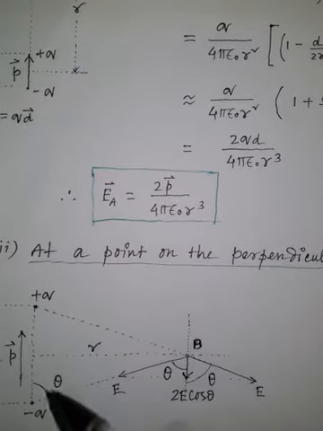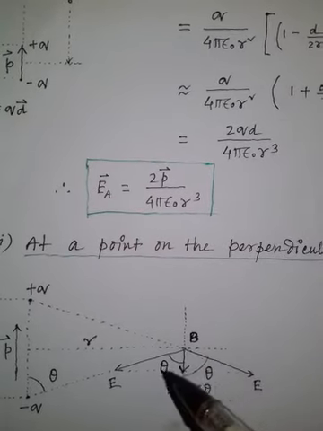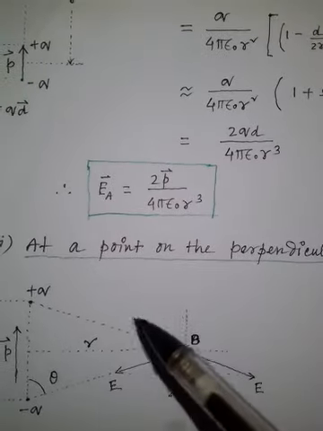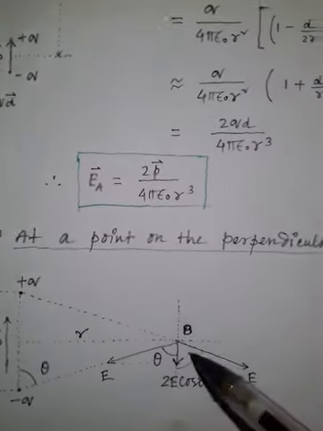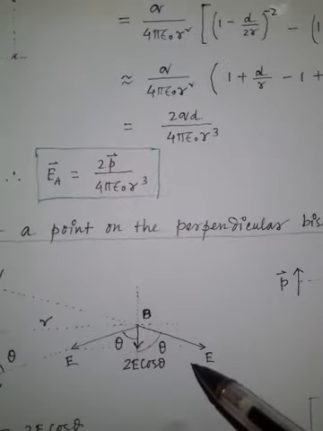At B, plus q and minus q produce same magnitude field along this direction and this direction. This one is formed by plus q and this one is formed by minus q.